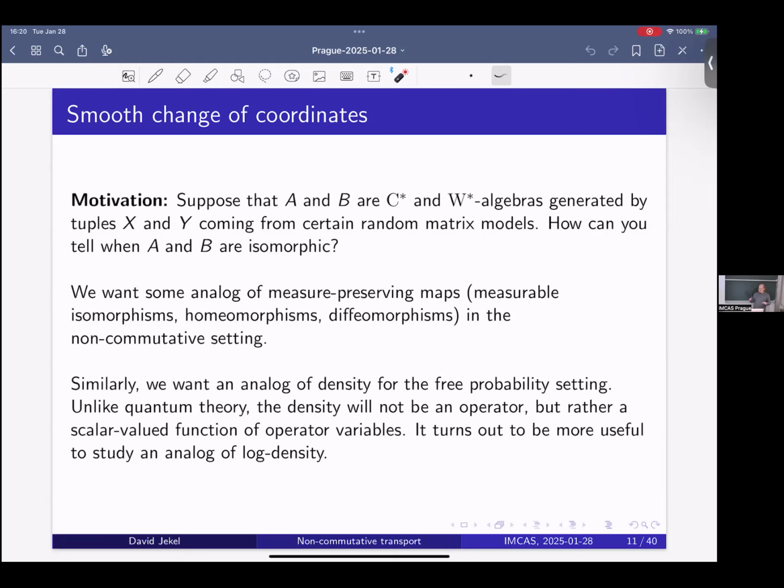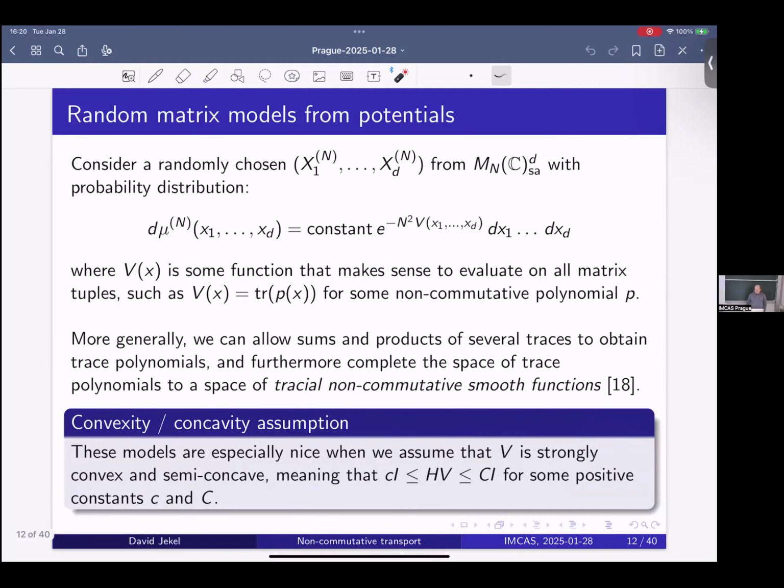And it turns out that what you might want to look at is something like the log of the density. And this will be somehow a scalar valued function which takes as inputs these non-commutative variables. So what do I mean by this more precisely? Well, we often study random matrix models that come from some potential.